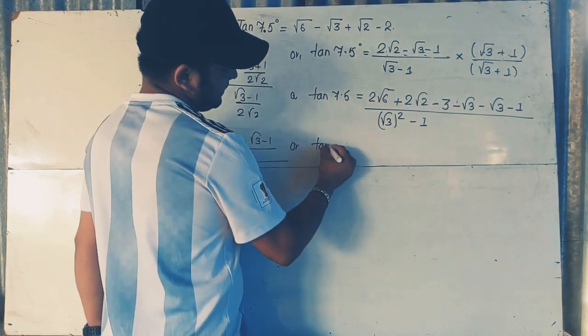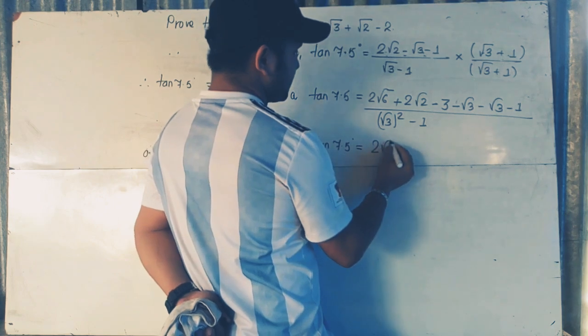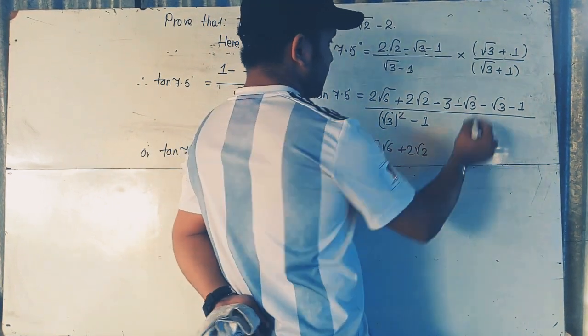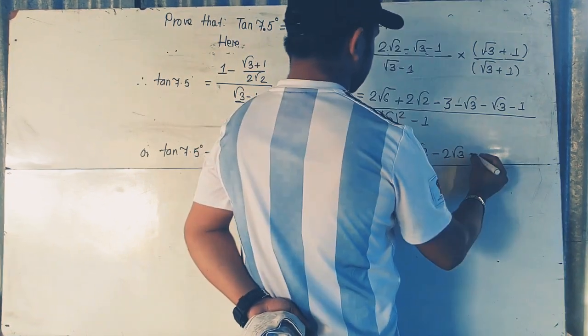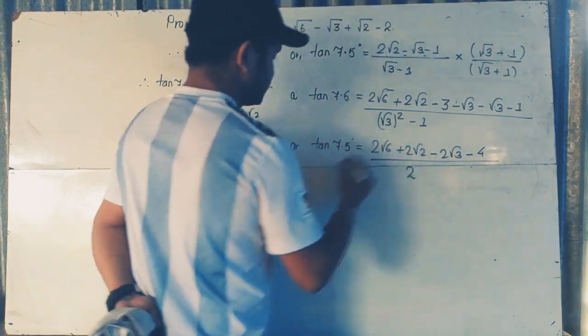Or tan 7.5 degree equals, now you have here 2 root under 6 plus 2 root under 2, root 3 minus root 3 gives you minus 2 root 3, minus 3 minus 1 gives you minus 4, divided by root 3 square, which gives you 3, 3 minus 1 is 2.